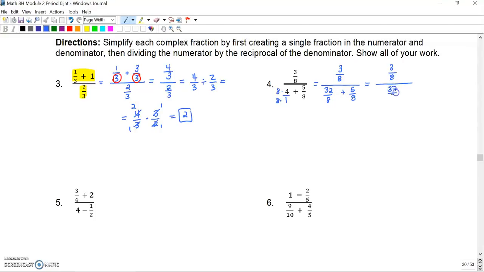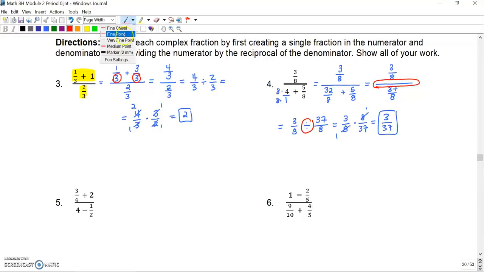Which is 37 over 8. And so we're taking this division symbol and replacing it with that one.